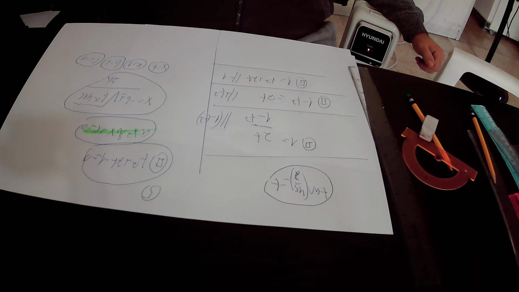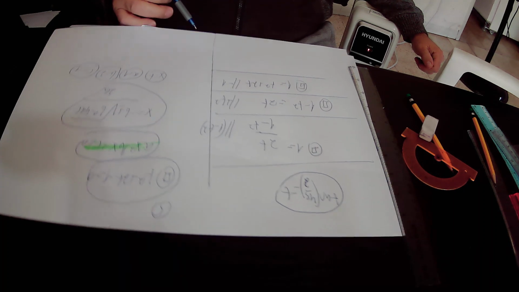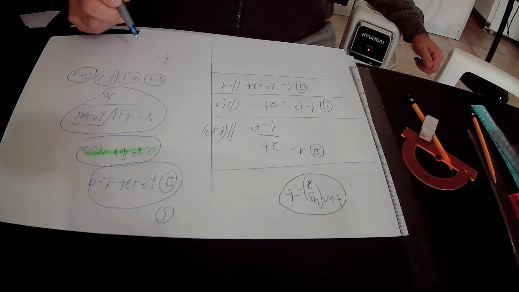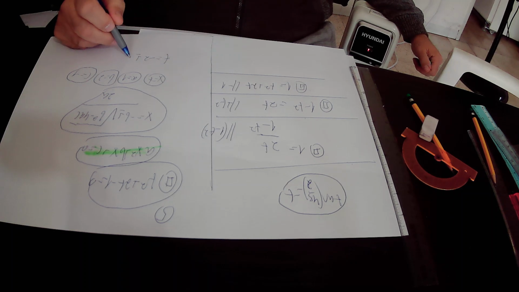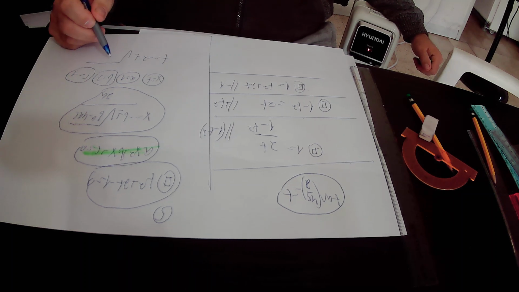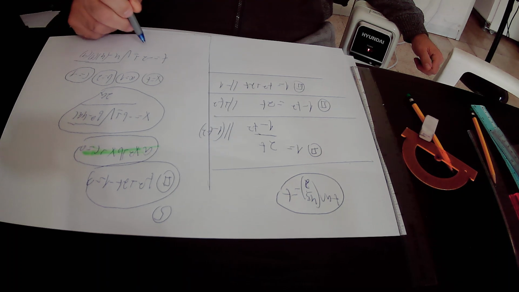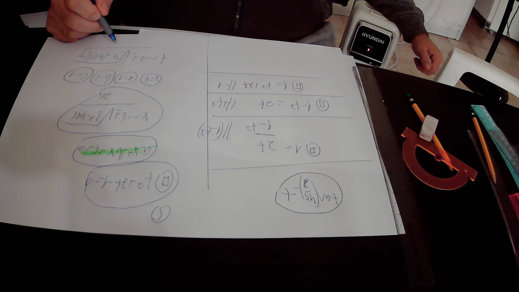So t equals minus b. b is 2, therefore minus b is minus 2, plus or minus the square root of b squared. b squared is 2 squared, that is 4, minus 4 times a, which is 1, times c, which is minus 1. All divided by 2a, so 2 times 1.